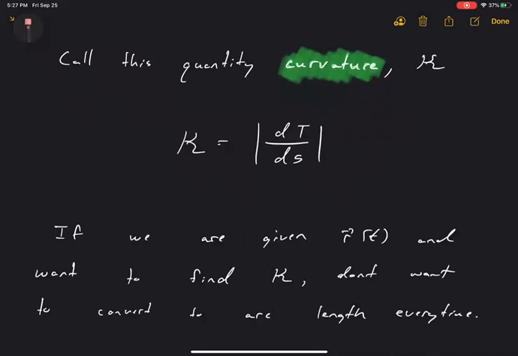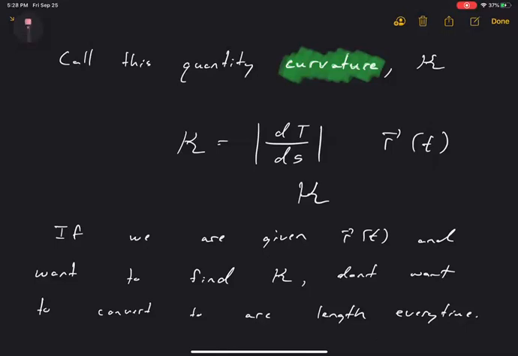Now, finding dT/ds, we want to do it in terms of arc length, but maybe we're given r of t and t is not arc length. Maybe you're saying to yourself, oh God, to find the curvature, does that mean I'm going to have to convert my function to arc length, then find this dT/ds?